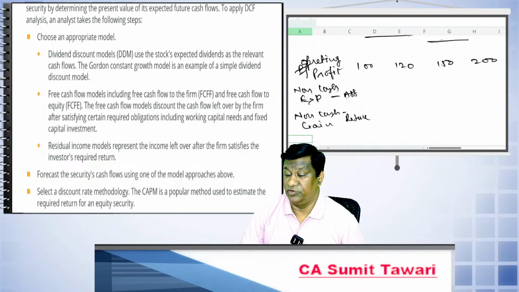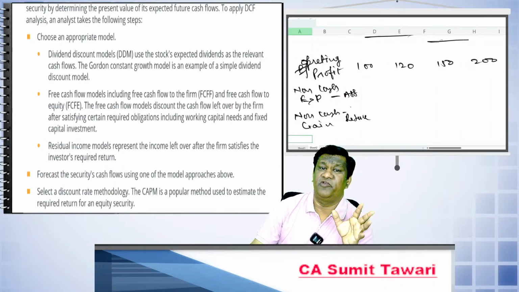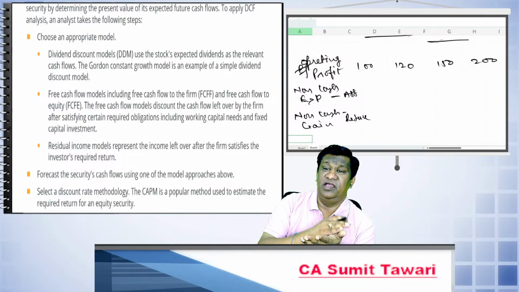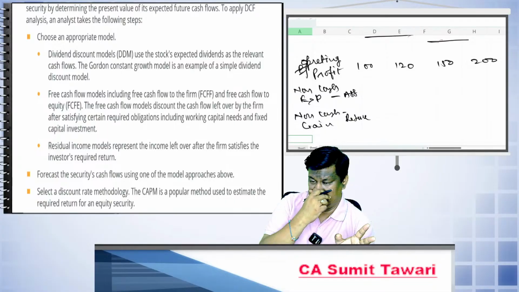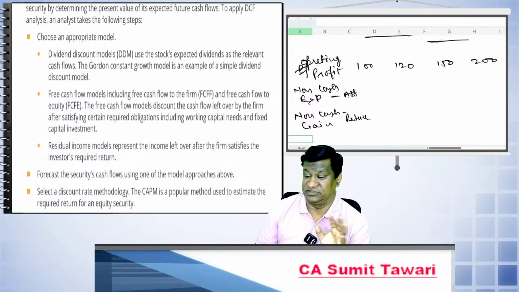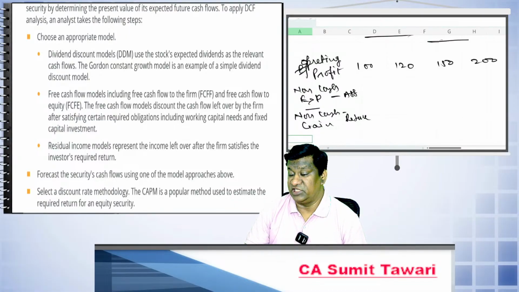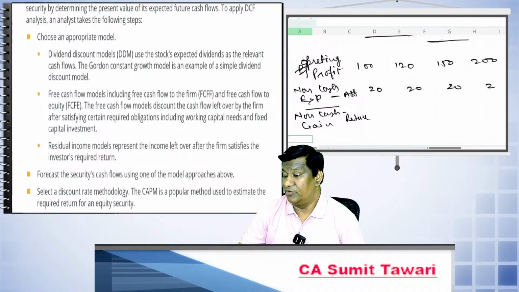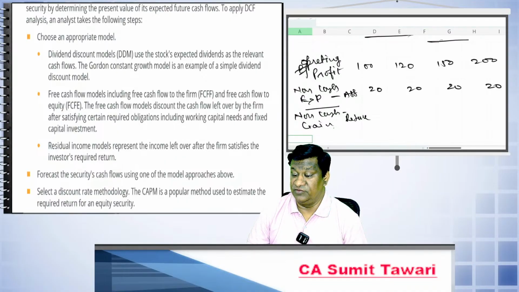Depreciation is an example of non-cash expenses, and the revaluation of an asset is an example of non-cash gain. Here there is no movement of cash, so we need to make an adjustment. Non-cash expenses like depreciation we need to add back, say 20 every year. Whatever may be the revaluation gain, which may be one time, we need to reduce it, say 10.